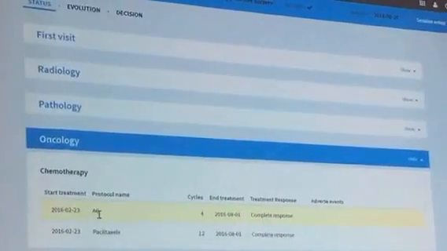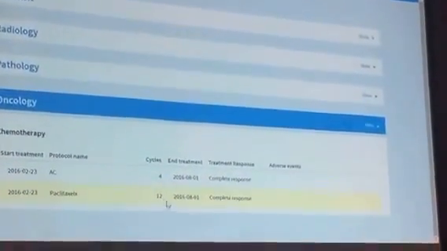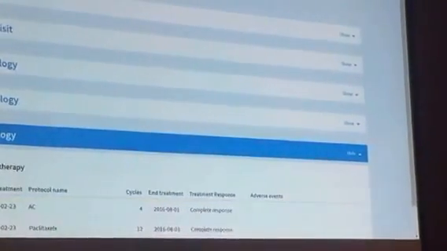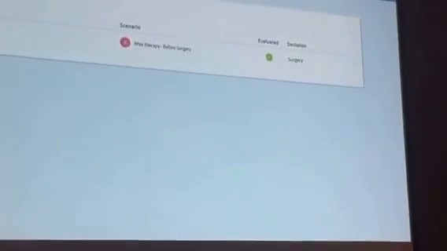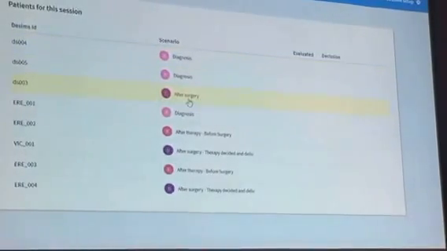In this case, we will see AC, with 4 cycles, and another type of chemotherapy treatment with 12 cycles. So we go to the sessions, and maybe the best would be to see the full session.